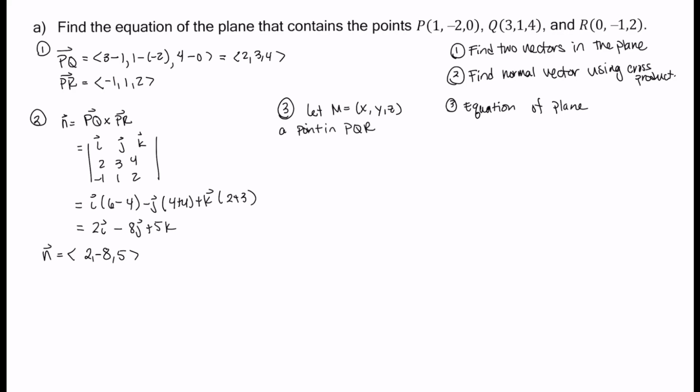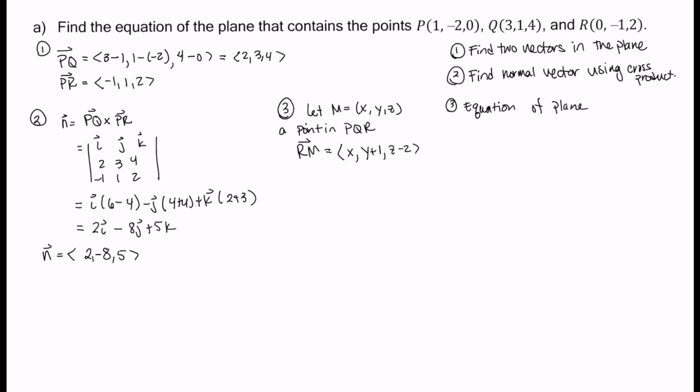Then I'm going to use, and I can use any point I want, to make things easier, a point with a 0 in it, so I can use P or R. I'll use R. So let's look at the vector connecting R and M. So this vector is going to be x, y plus 1, z minus 2.